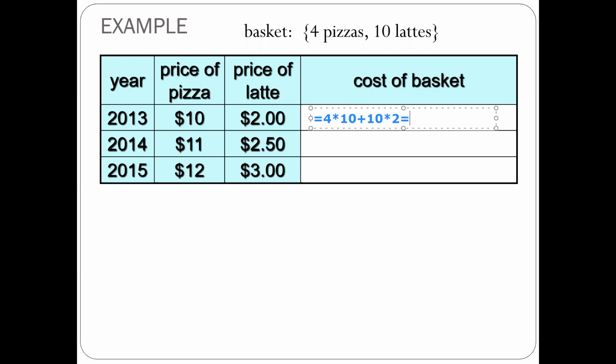That will be equal to 60. And the cost of the basket in year 2014 will be equal to 4 multiply 11 plus 10 multiply 2.5. And that will be equal to، نحسبها بالآلة كده سريعا، ده هيساوي 69.